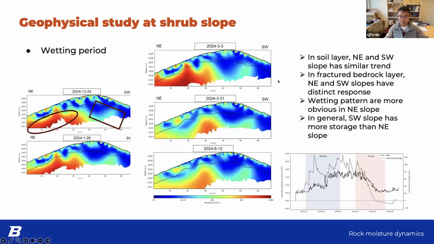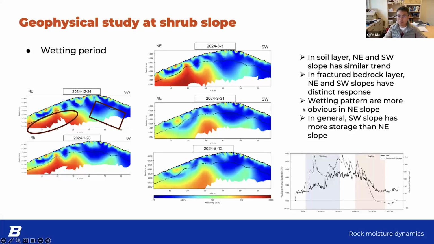But for the other side of the slope, which is the southwest facing, the rock moisture is pretty much similar, quite stable. I don't know the reason, but I'm thinking it's because the fractured bedrock layer is very thick, and it has the ability to hold more water. That's probably why the rock moisture is just stable over time.